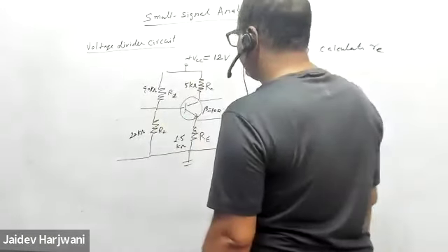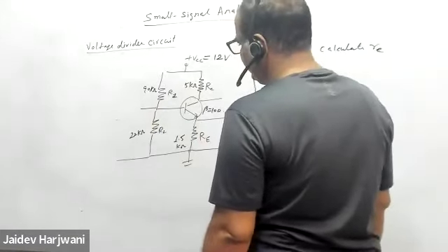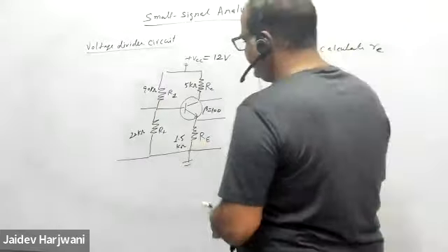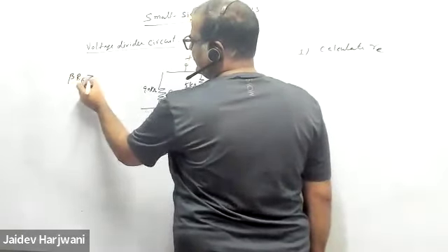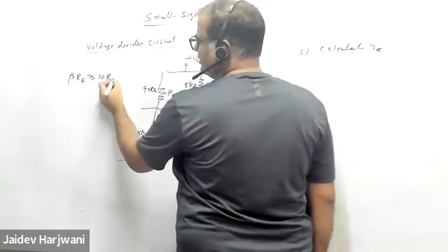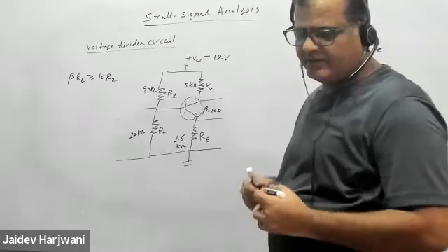Now what should I do? Tell me. So if I multiply this by 100, beta RE should be greater than or equal to what? 10 R2. Is that the condition for approximation? Tell me, Karishma.